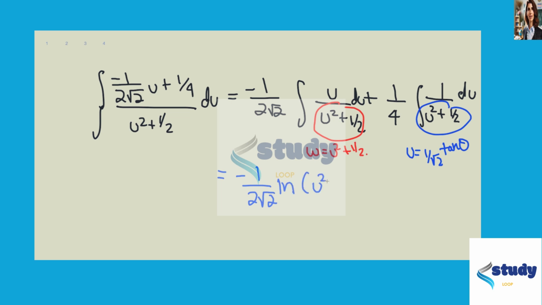And then I'll just write u squared, no absolute value here because u squared plus 1/2 is positive. And then after the trig sub, or if you memorize the table, we have this. And then we could plug everything back in terms of x. Also here, I should have had an additional 1/2 from the u sub. Sorry about that. That's where the 4 is coming from, 2 times 2.